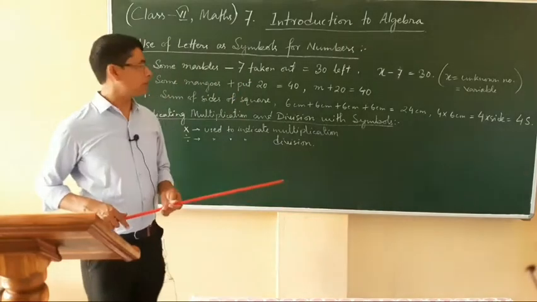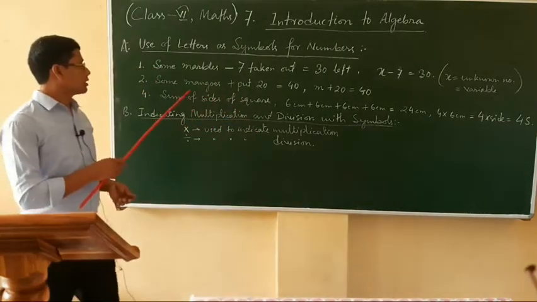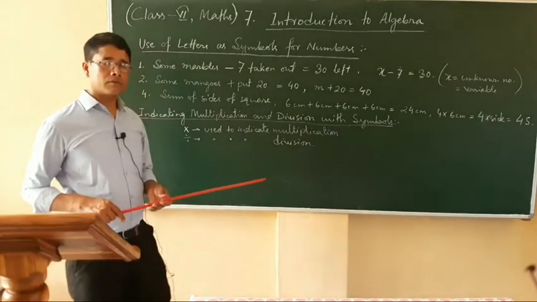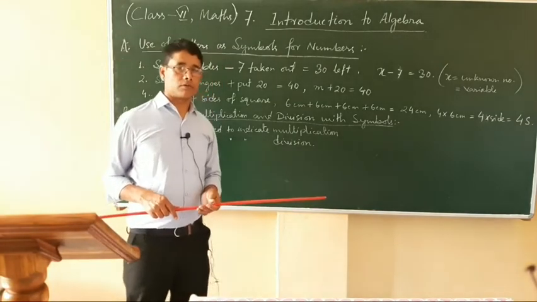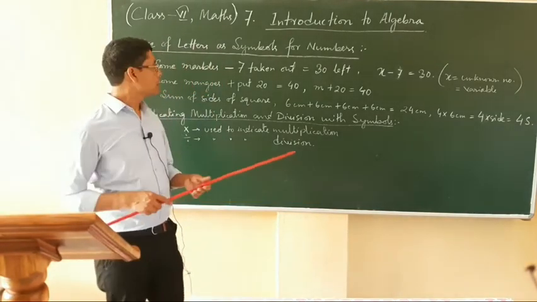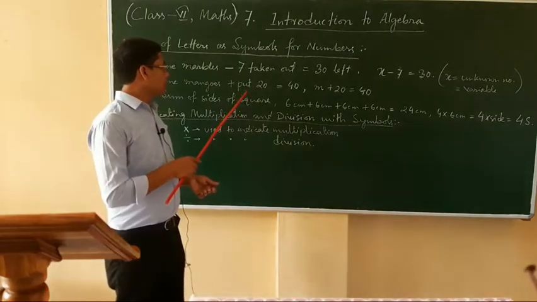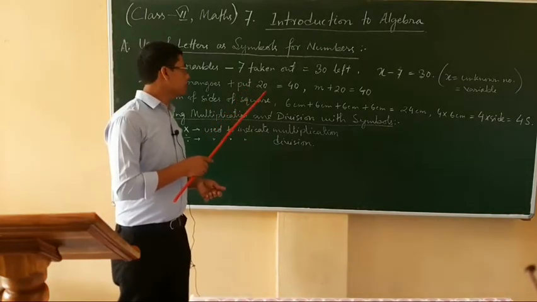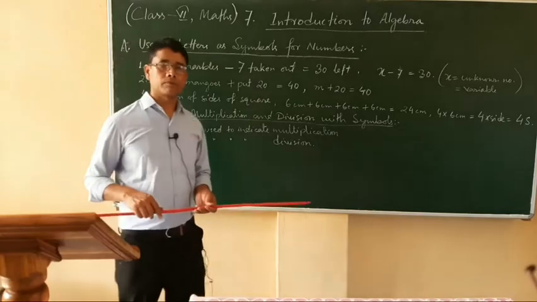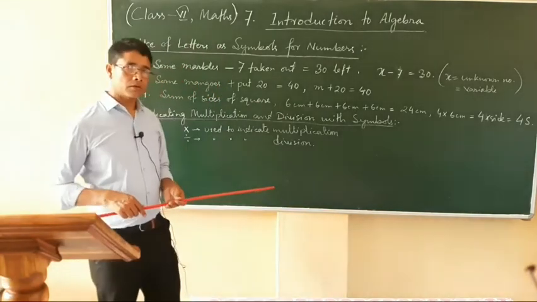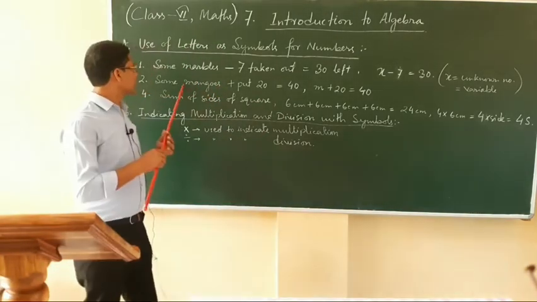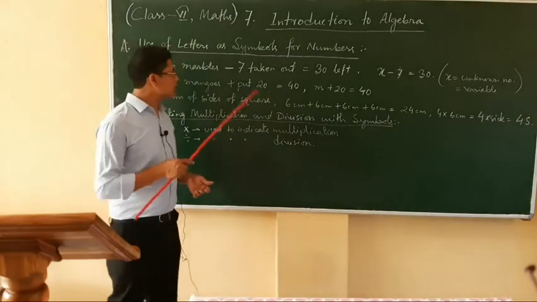So the second example is, there are some mangoes in a basket. Again some mangoes. There are some mangoes in a basket. And again 20 mangoes were put into it. That means when we are putting into the some mangoes, the number will increase. So it is plus.